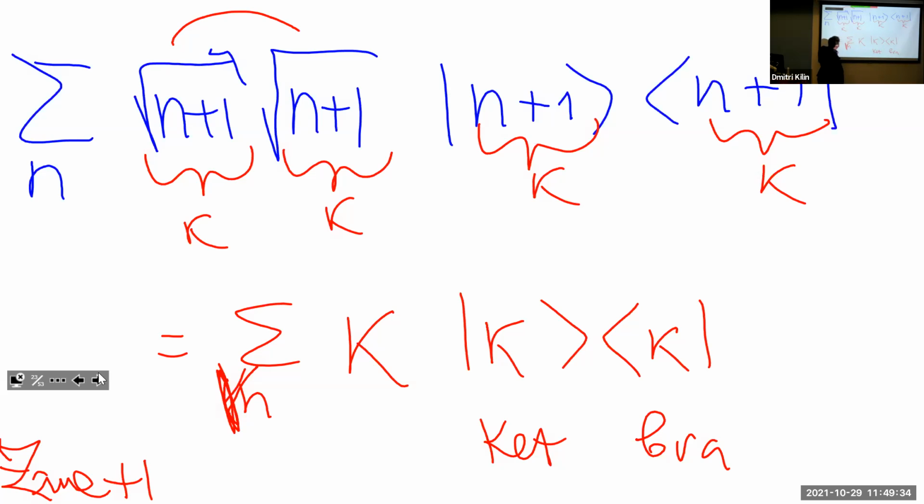And also, if we consistently replace n plus 1 by another index k, the progression to the side of infinite values will not change, right? So we replace this square root n plus 1, square root n plus 1 by k, and this ket and bra by ket k, bra k.